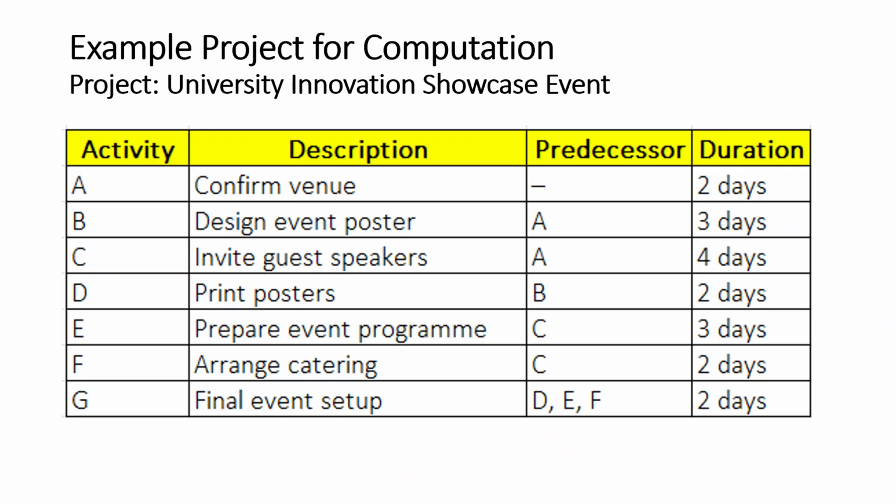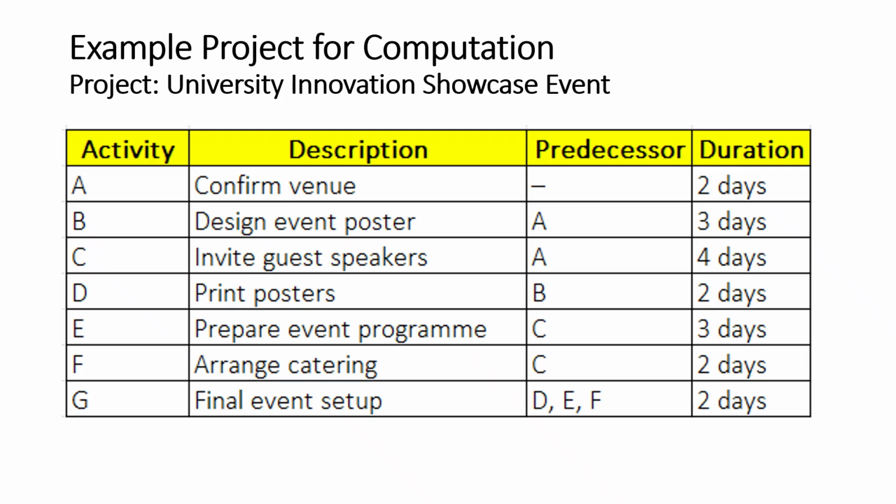It takes 4 days. Activity D is to print the poster and depends on activity B. It takes 2 days. Activity E is to prepare the event program and depends on activity C. It takes 3 days.